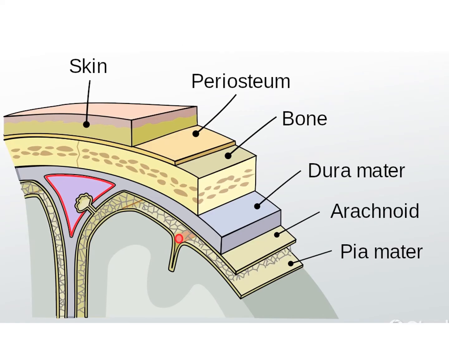This is a great image for us to study the layers around the brain and the spinal cord. You can see the skin, the periosteum of the bone, and that bone could be either the skull, which is actually what's shown here, or it could be the vertebrae. You can see the dura mater is anchored to the bone. It's also anchored to the underlying arachnoid mater.